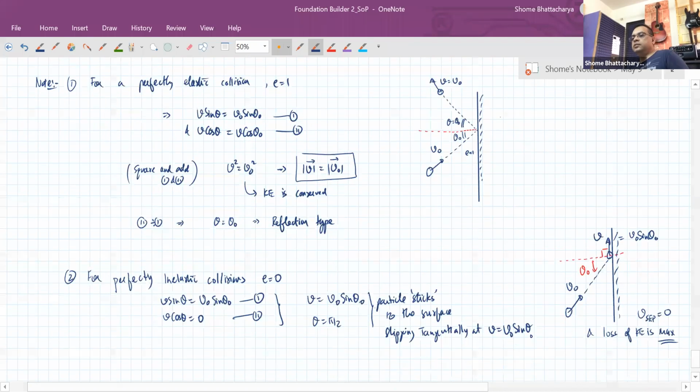And for any general in-between case, what will happen is that theta will become greater than theta naught, but less than pi by 2. And V will be less than V naught, but greater than V naught sin theta naught.